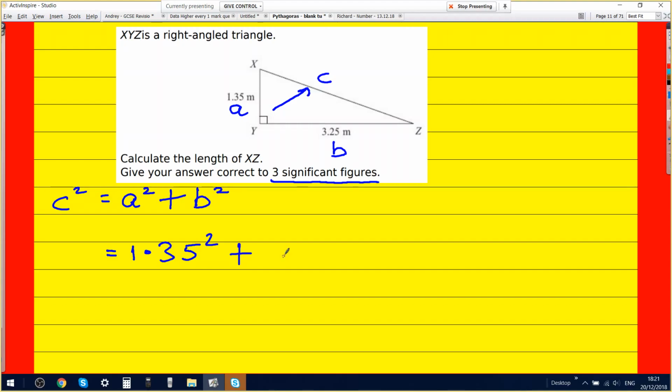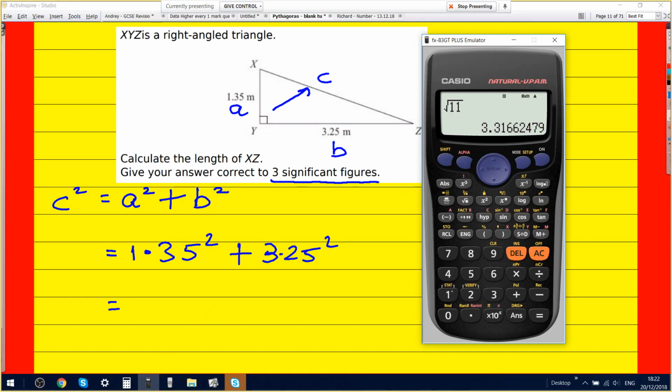B squared. What is B? 3.25. Yes. Do you have a calculator? Okay, so put that in. What do you get? And you can do them separately, you can do them at the same time, whichever you find easier.